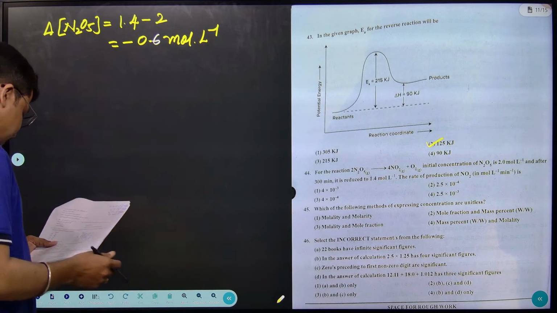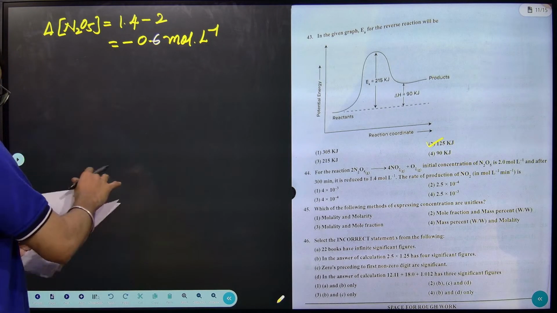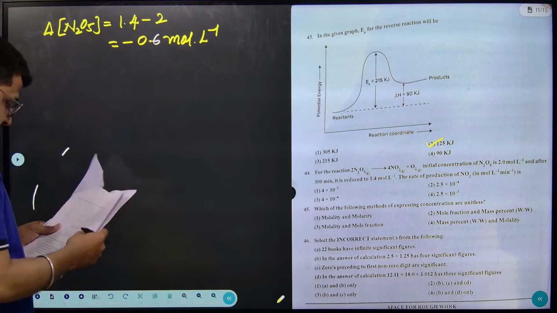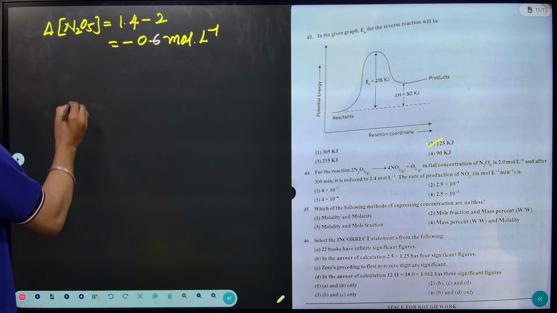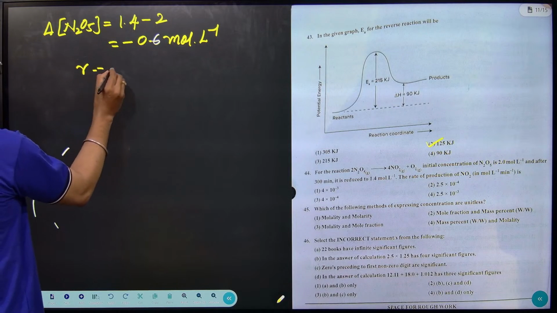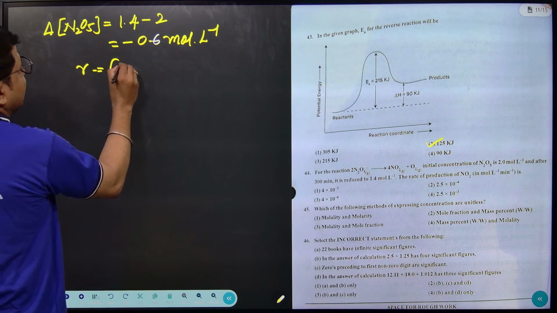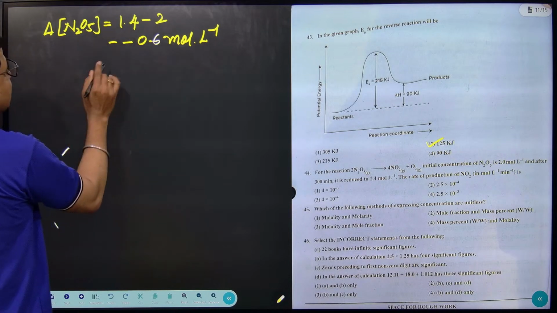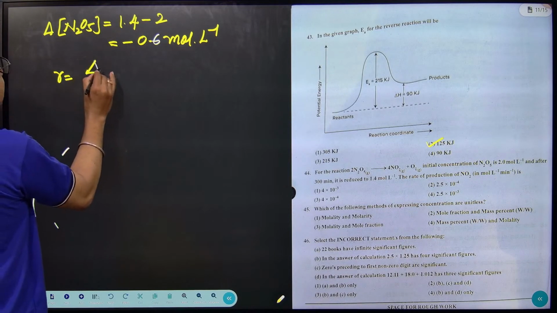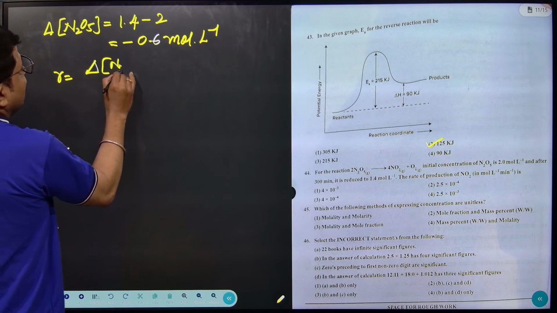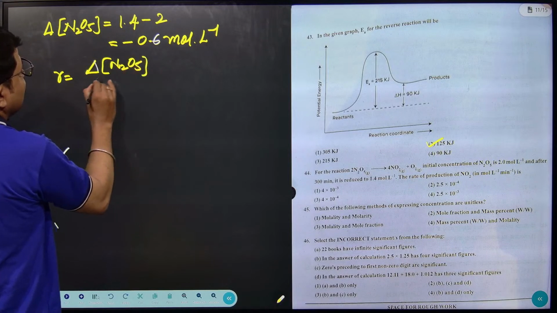The rate is equal to the change in the concentration of N2O5 with respect to time.